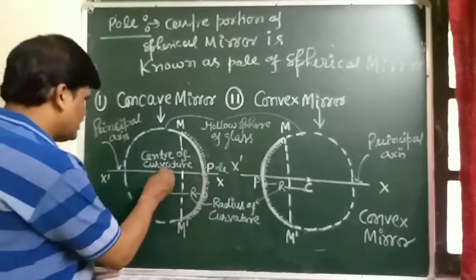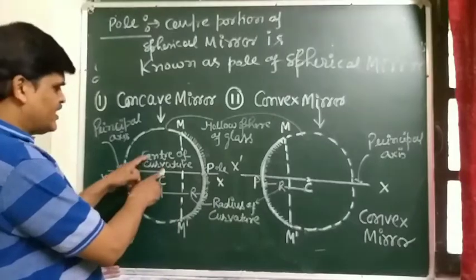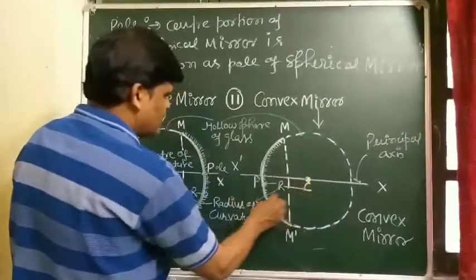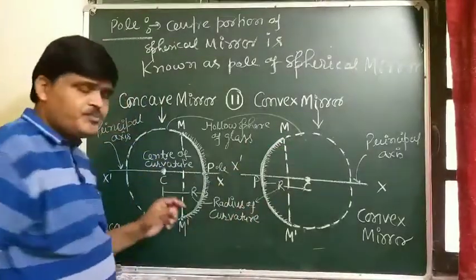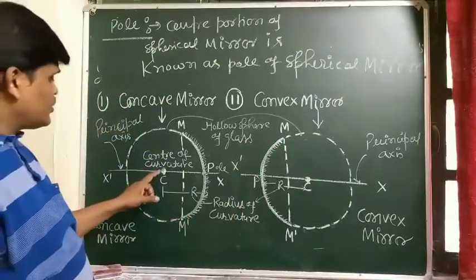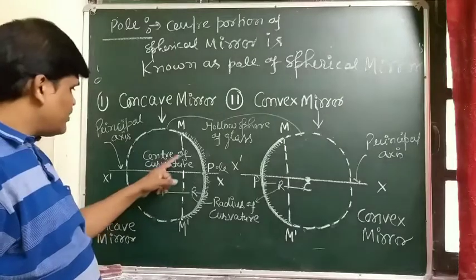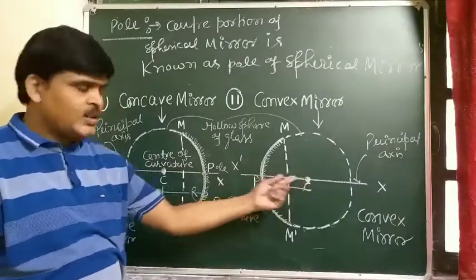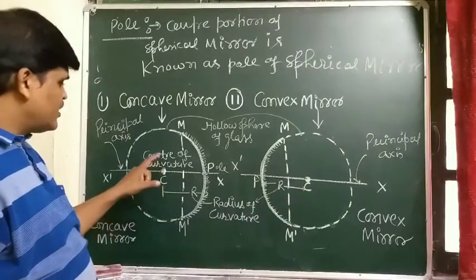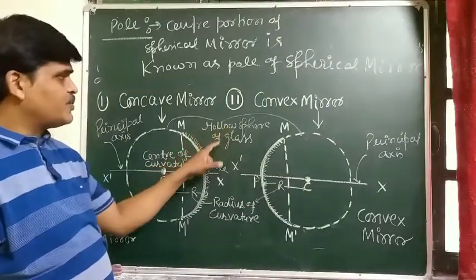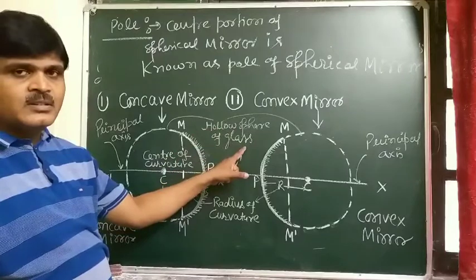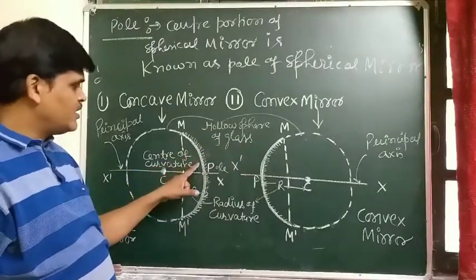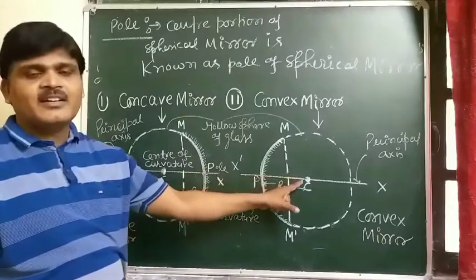Now student, what is center of curvature for concave mirror as well as convex mirror? The center of curvature of a concave mirror or convex mirror is the center of the hollow sphere of glass of which the mirror is a part.